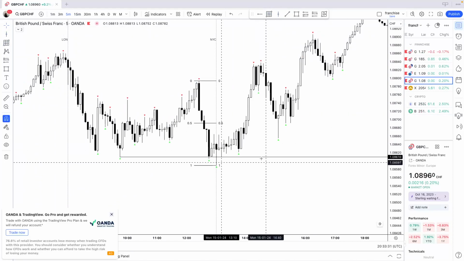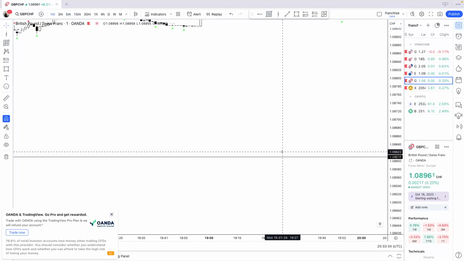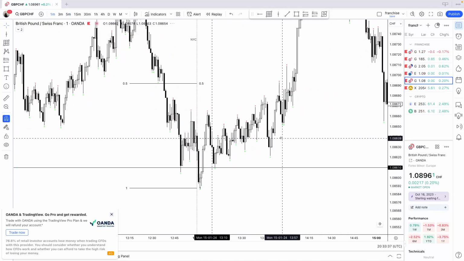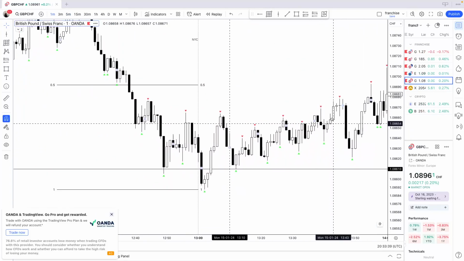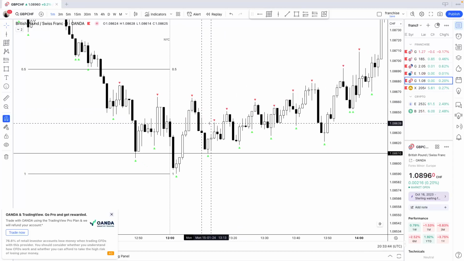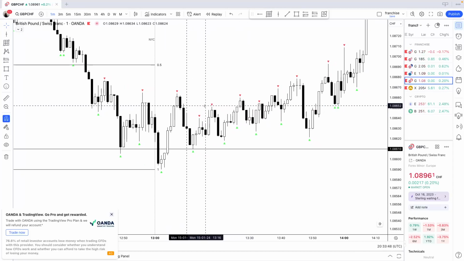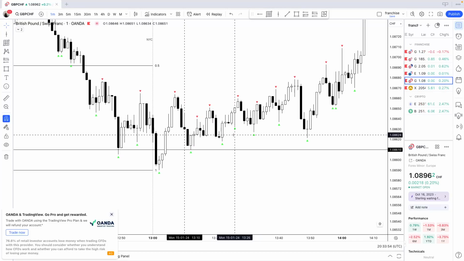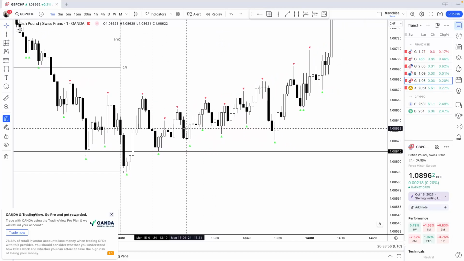Looking for entries now, 1-minute time frame. Looking for breaks of structure and fair value gap now. We break here, disrespect the fair value gap, so it doesn't matter. We break here, leave behind that, disrespect the fair value gap, so it does not matter.